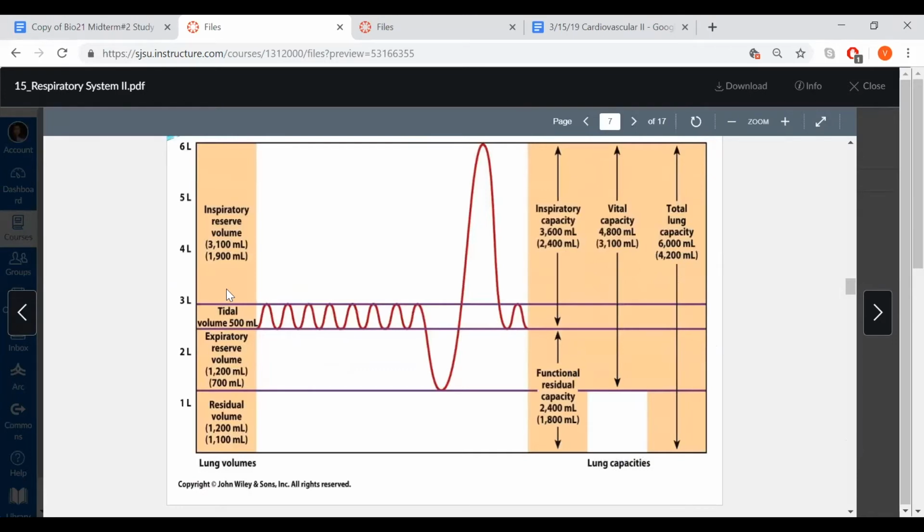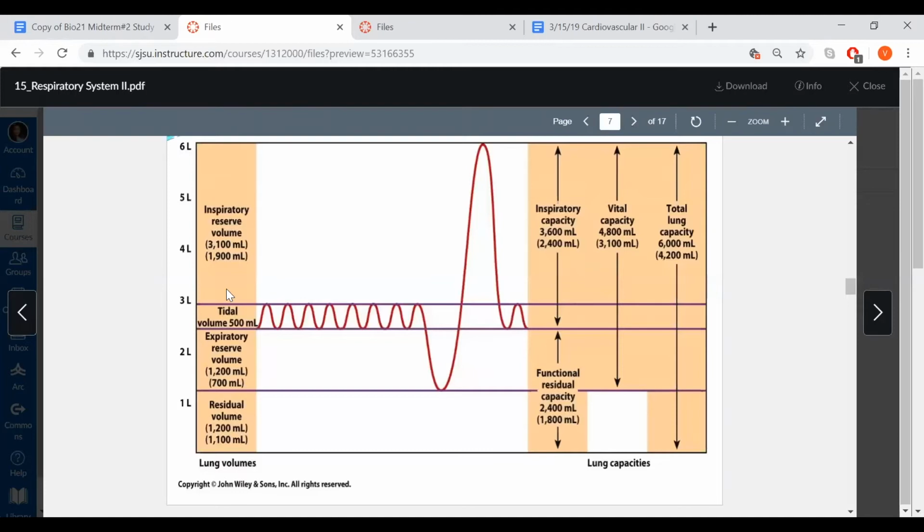So you guys should have done this in lab, but just to refresh you on what the functions are. So tidal volume is the amount of air inhaled or exhaled during an ordinary breath. So it's just the ordinary breathing breath. And then the inspiratory reserve volume, that is the amount inhaled.